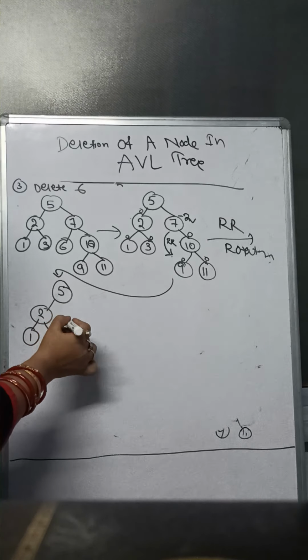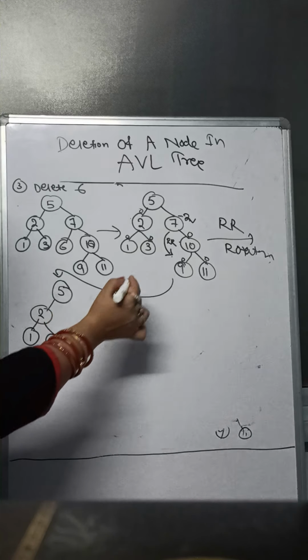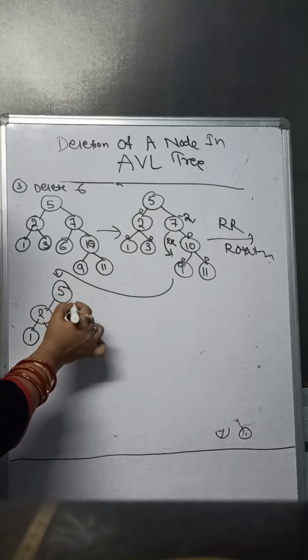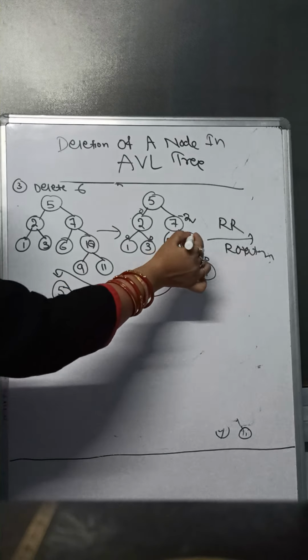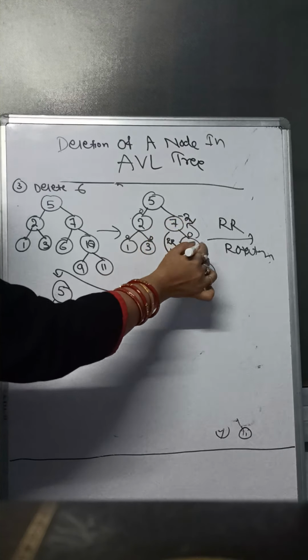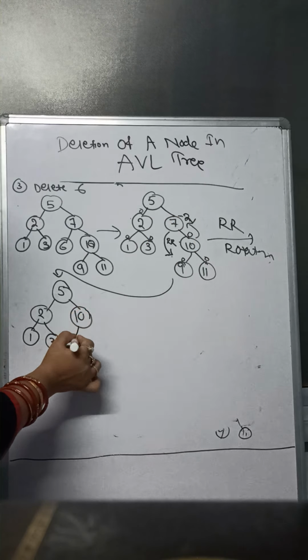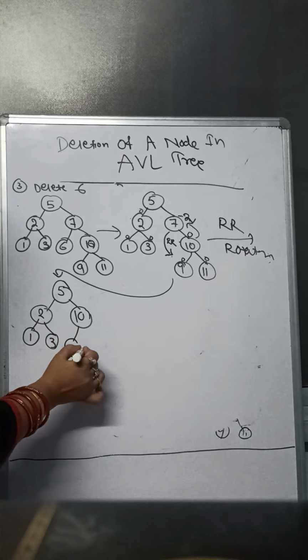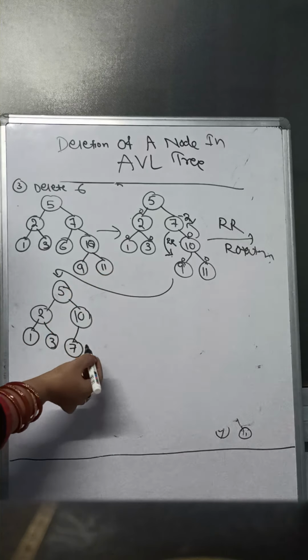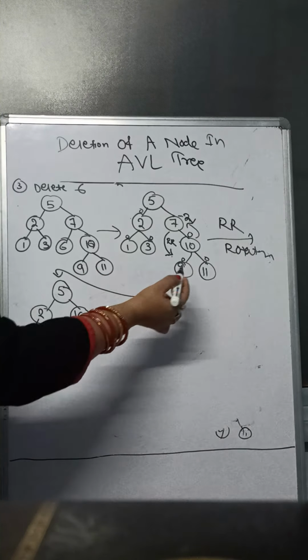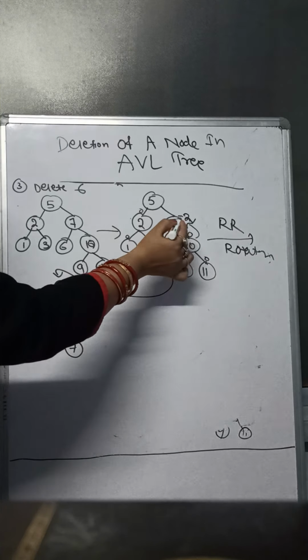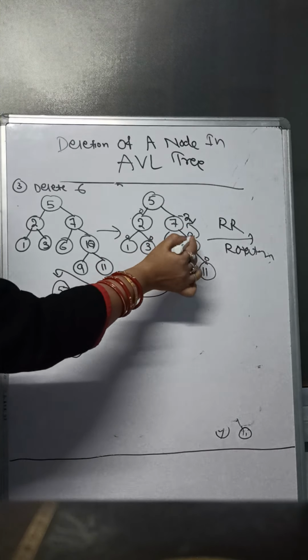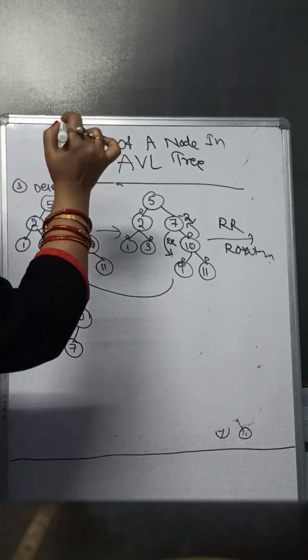Then 7 will come here, 10 will go there, okay? 1 position right, anti-clockwise. So 10, now 7 will come here, 1 position, again 11 will go 1 position to the 10 will go to 7 position, 11 will go to your 10th position, 7 will 1 position right.